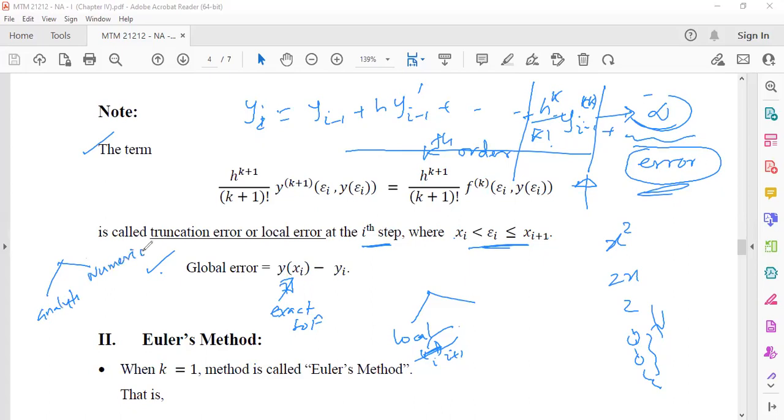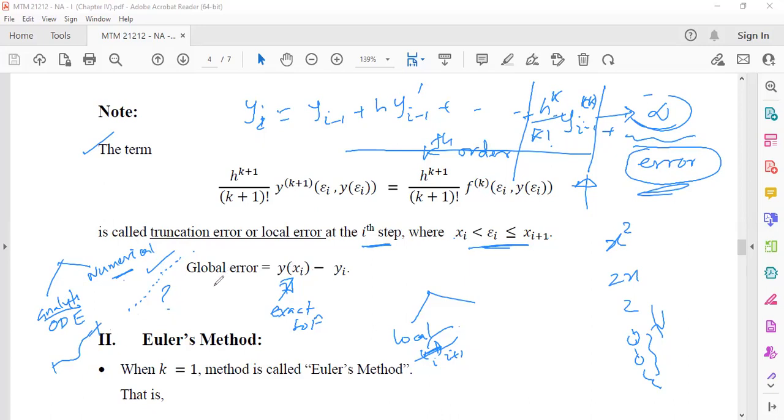I think in your ODE sections, you are learning how to solve it analytically. Here we are solving numerically. Analytical means continuously, from here to here, you are finding the solutions. Numerical means you are discretely finding the next point, next point, next value, like that. So numerically we are finding step by step.